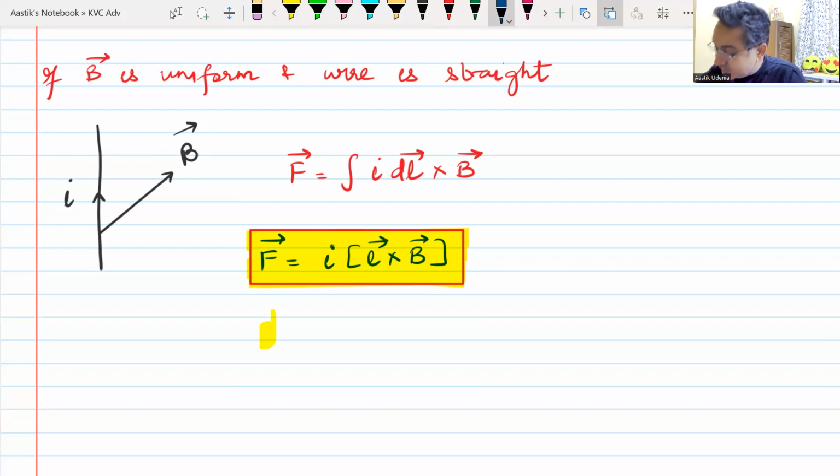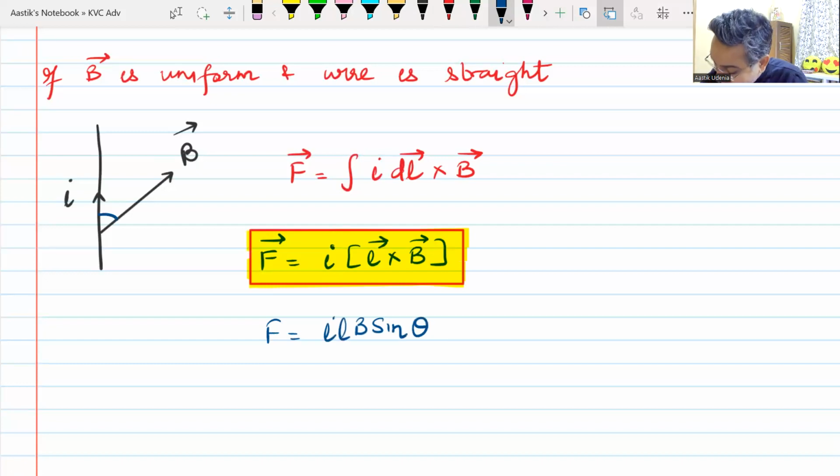If you want to write the scalar formula, instead of dF, the total force F will be equal to I L B sine theta.